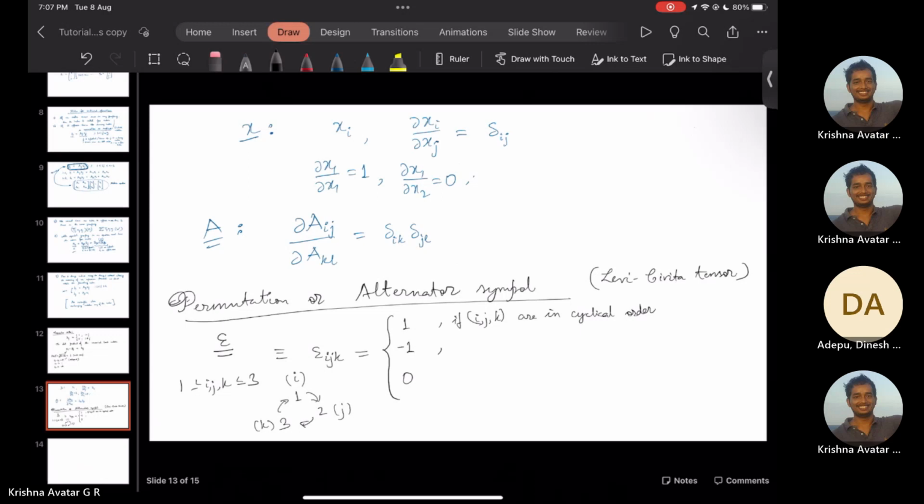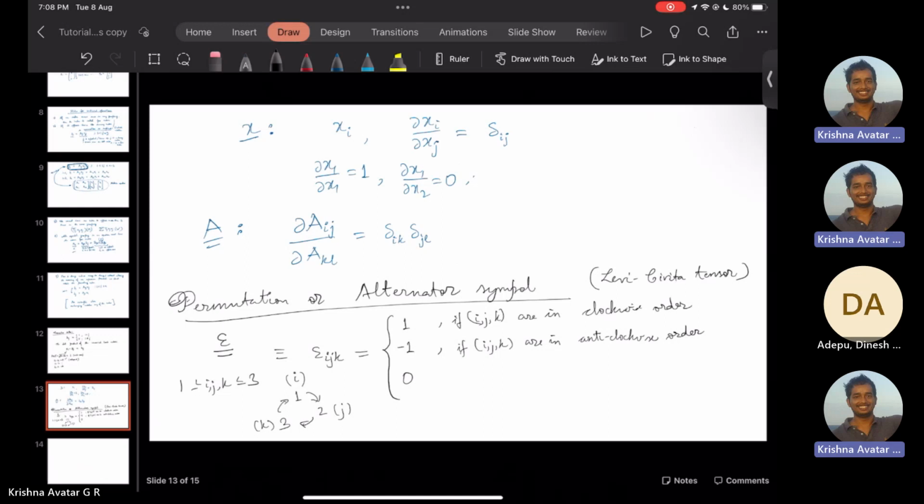And if i, j, k are in anti-clockwise order, let's make it more precise: the first is clockwise order, and in this case it is anti-clockwise order.